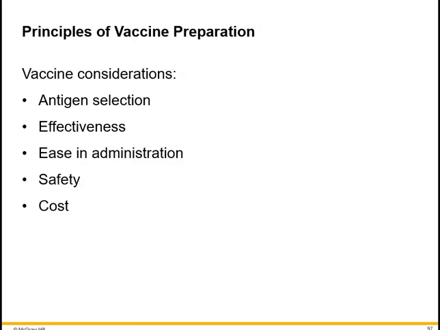So the principles of vaccine preparation. How do we make the vaccine, and what do we look at when we're trying to consider the production of a vaccine? Especially when they were looking at COVID, they had the code for the virus early on, within a month after the first few cases had been identified.